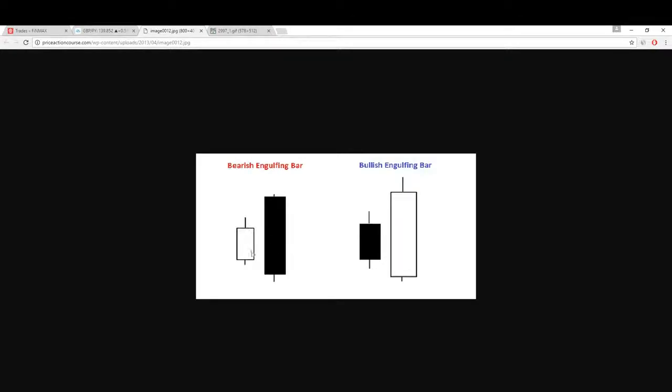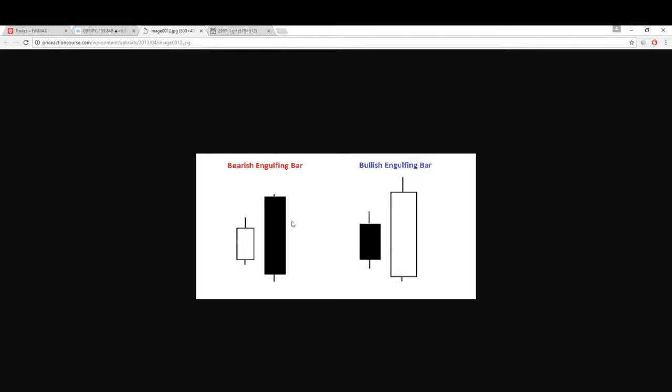And you see that even the shadows are within the body of the next candle. These two candles are of opposite color, and this candle is opened, closed, and all its shadows are within the body of the next one. This is the most common feature for the engulfing pattern.